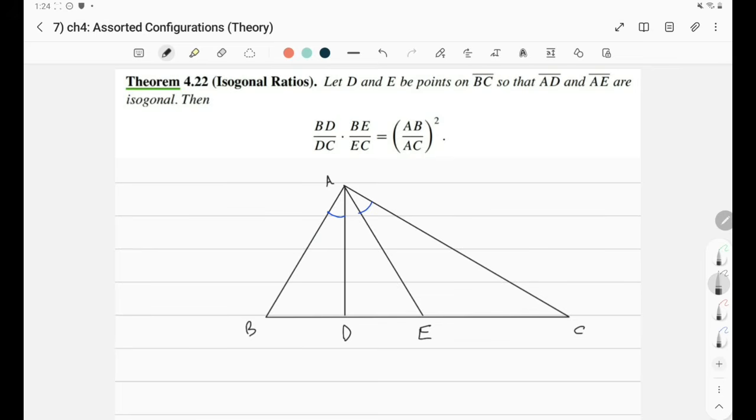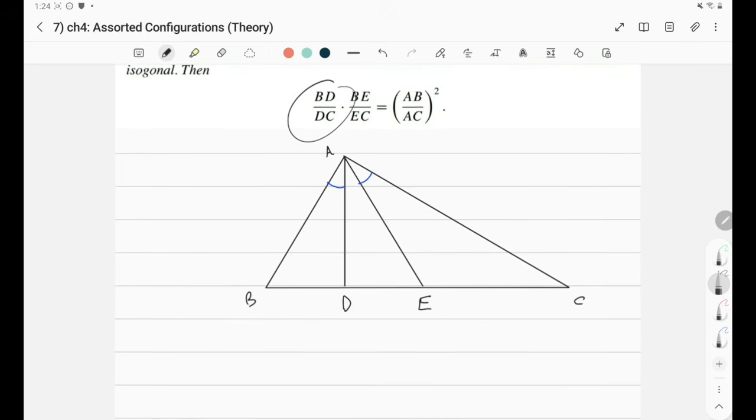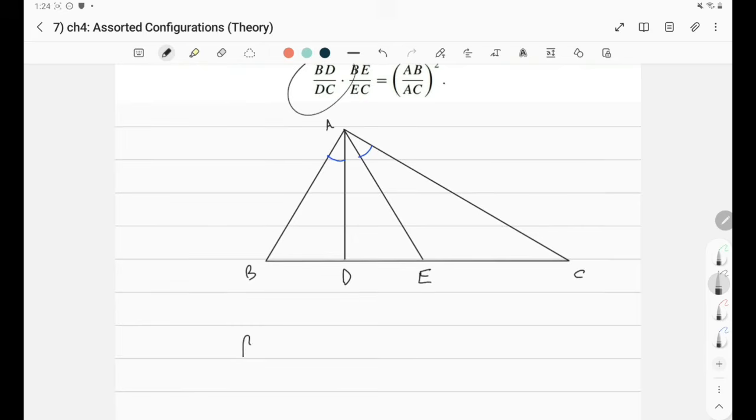Of course, this should be familiar to you. You should be able to prove it in a very easy way, because we're familiar with getting ratios like these by using the ratio lemma. So we can just apply the ratio lemma here. BD over DC is equal to AB over AC, times sine BAD over sine CAD, right?